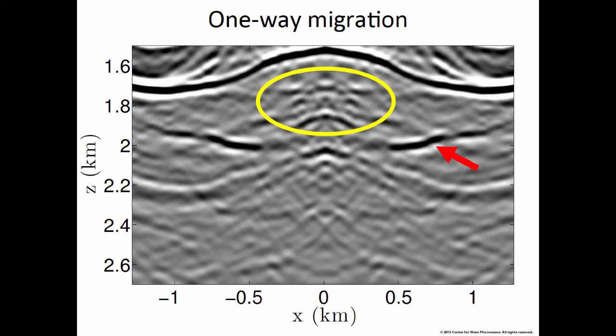There's a sign change. The yellow ellipse indicates a lot of ghost artifacts due to the presence of internal multiples. The red arrow indicates an artifact that is due not to internal multiples, but to a limited aperture, and this will be present also in the image built with our methodology.